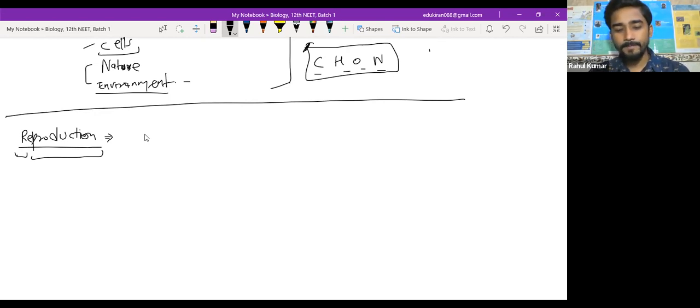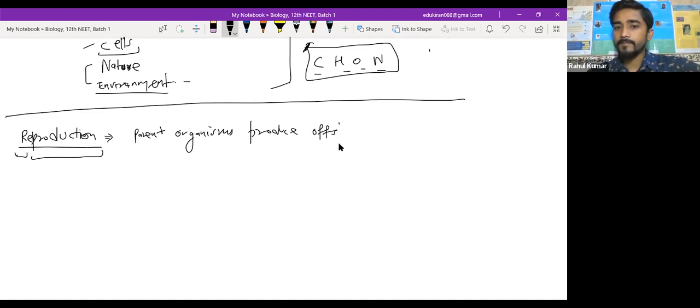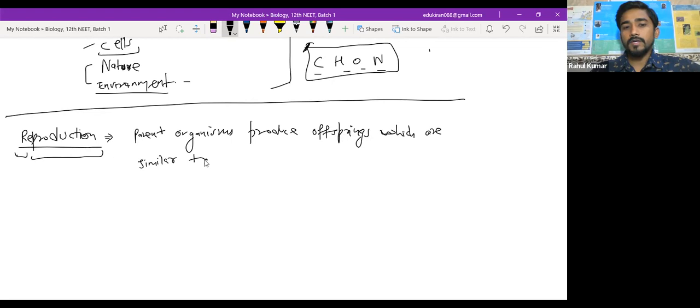Reproduction is the process by which parent organisms produce offsprings. Offsprings is the biological term for kids, for babies. Produce offsprings which are similar to the adult parent.